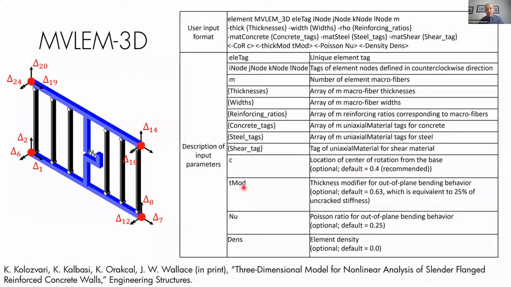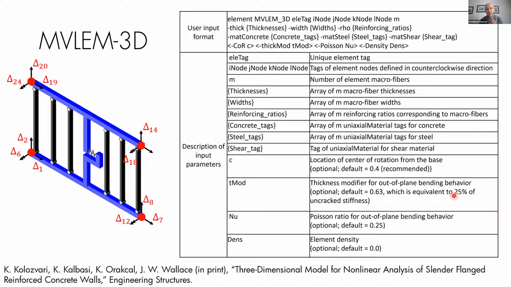Then there's a factor that you can put in to modify the thickness for the out-of-plane behavior, if you want to play with the out-of-plane stiffness. The default number is 0.63 because that gives you 25% of the out-of-plane moment of inertia. But if you want to use something else, you can do that by modifying this T mod parameter.